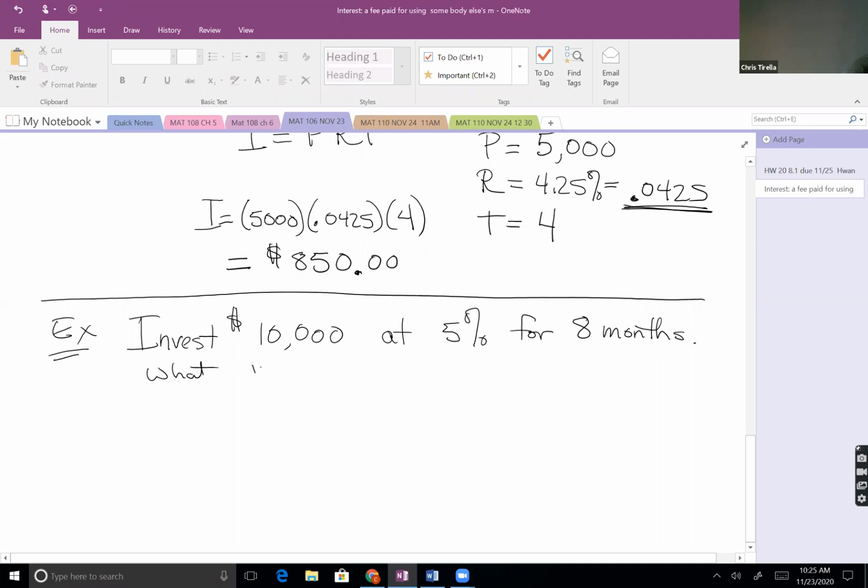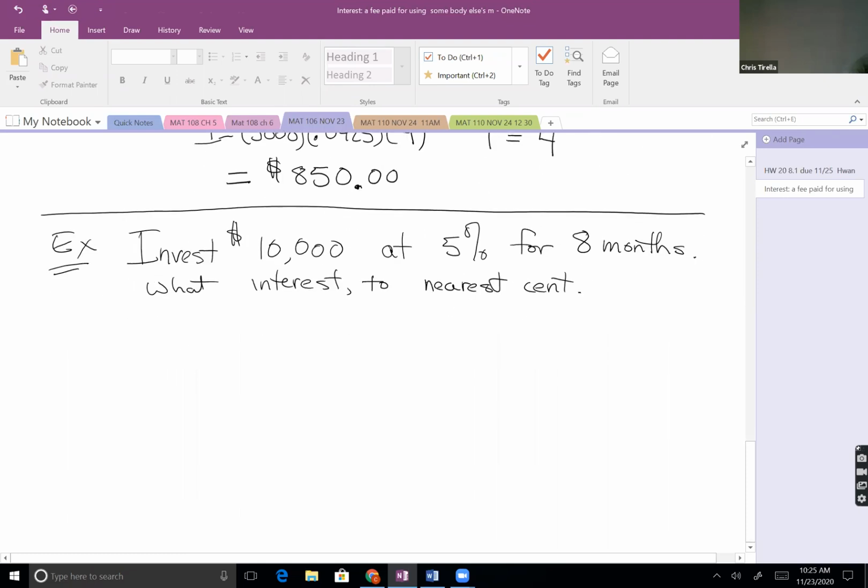What's the interest? And usually with interest, we're going to round to the nearest cent. Again, if we're not told otherwise, we can assume that it's simple interest.